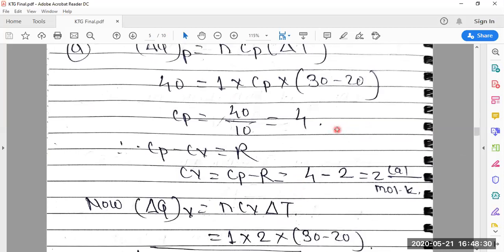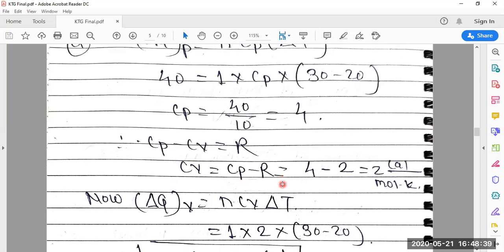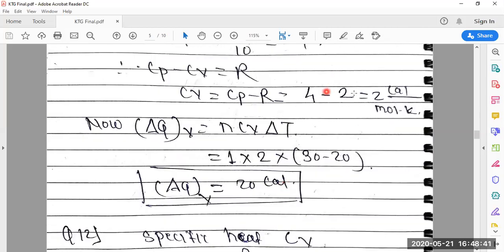Using the relation between Cp and Cv, Cp minus Cv is equal to R, so Cv is equal to Cp minus R. Cp is 4 and R is given, so we get Cv is equal to 2 calorie per mole. The value of R is given.